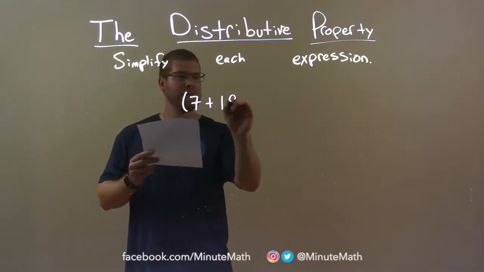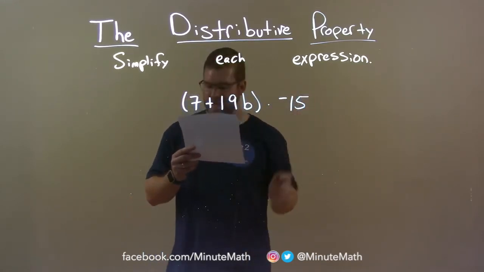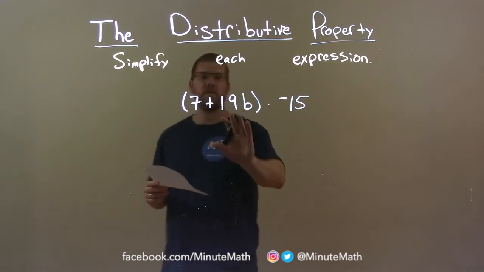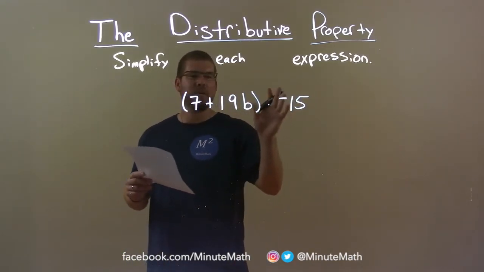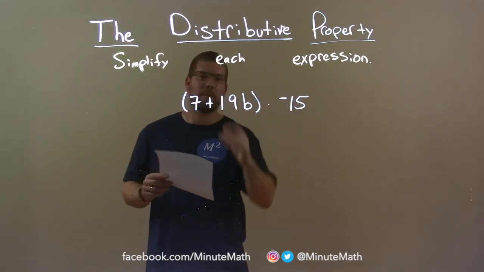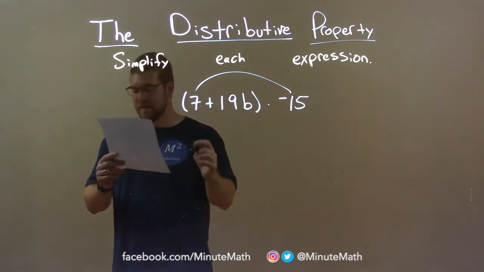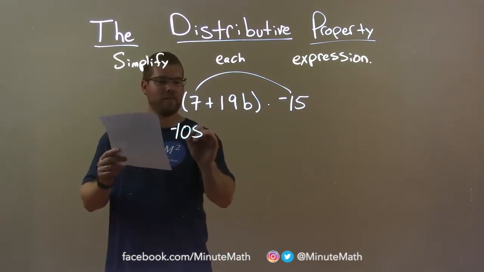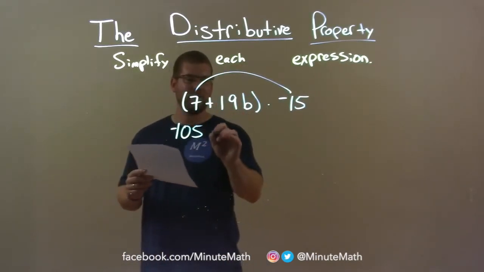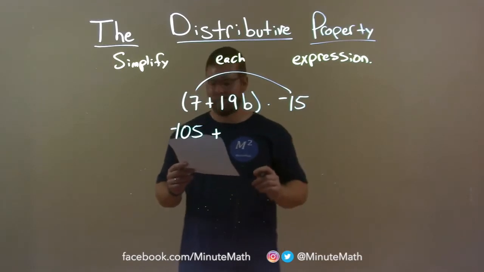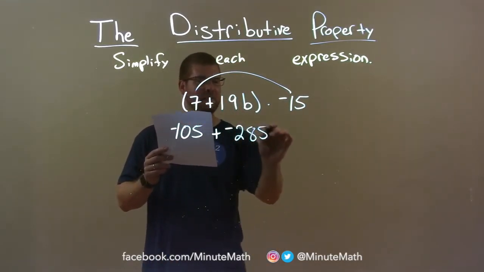7 plus 19b times a negative 15. Okay? Now, within my parenthesis, there's nothing I can do to simplify this, okay? So I'm going to have to multiply the negative 15 to both parts now. Negative 15 times 7, well, I don't know off the top of my head, but I got it here for you, is negative 105. Take my word for it, okay? So we have negative 105 plus, now 19 times negative 15, take again my word for it, is a negative 285b, right?